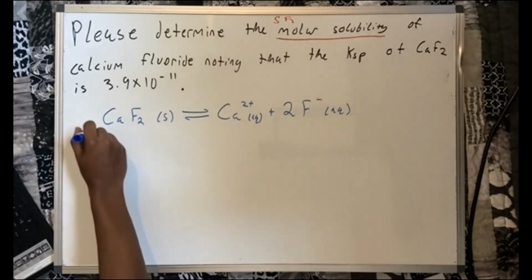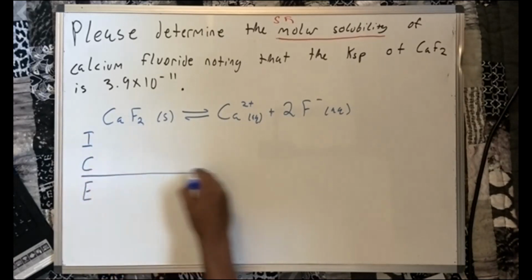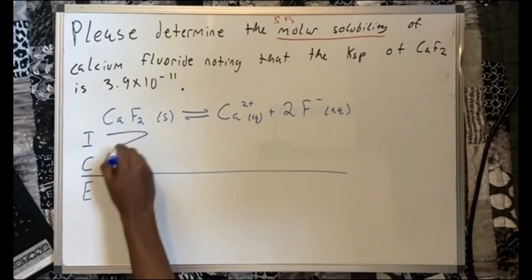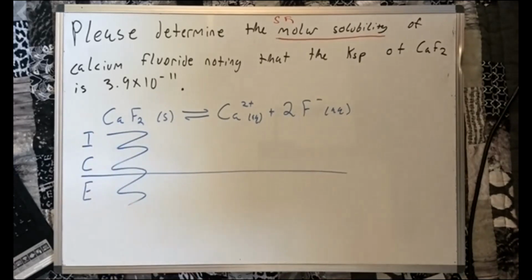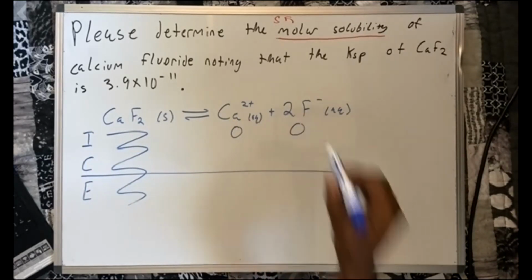ICE table. All right. Don't care about this, right? Because it's solid, so it doesn't affect my K. We have initially none of those, so zeros go there.